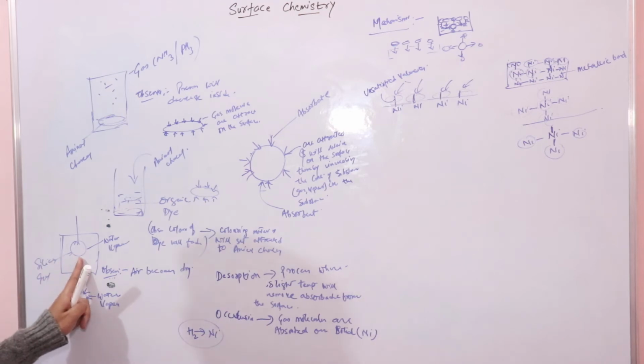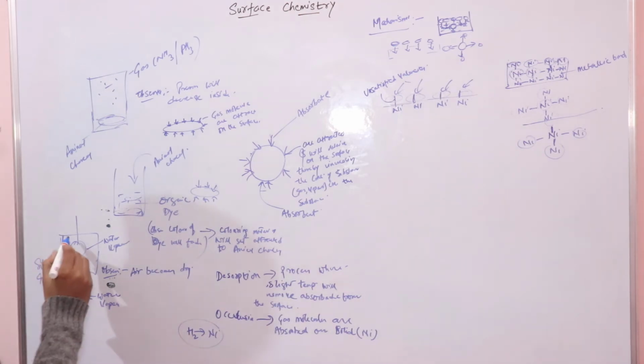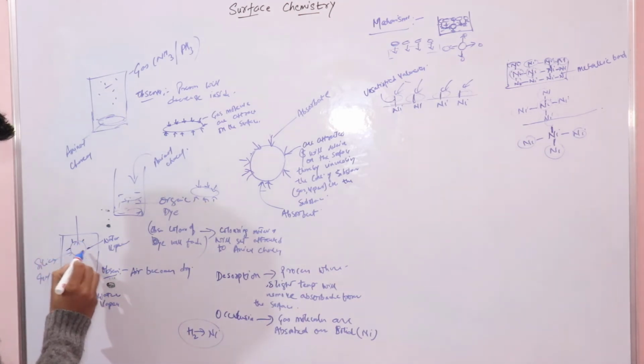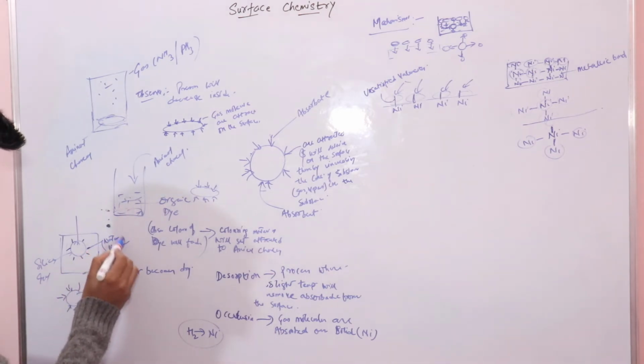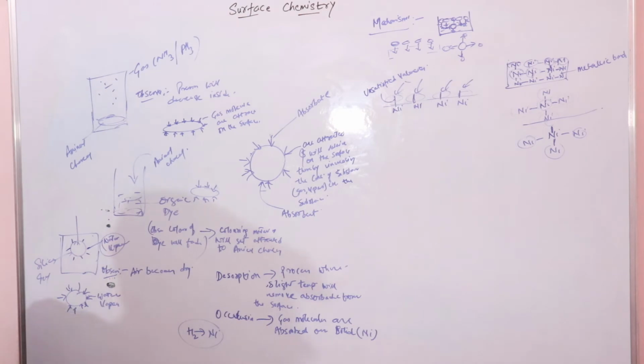Same is the case with this silica gel. Due to the presence of unsatisfied valencies at the surface, it will start attracting the molecules of water vapor onto its surface.